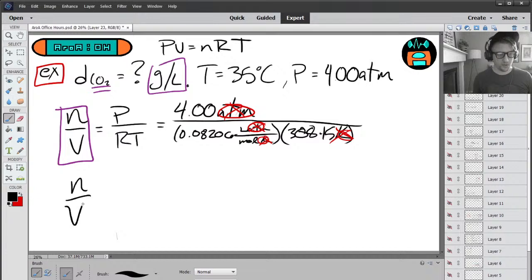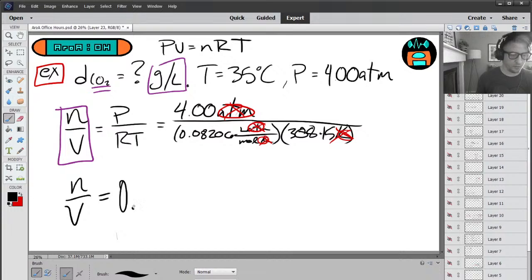So our mole to volume ratio. Let's see, we got some numbers to crunch. 4 divided by 0.08206 and 308.15.